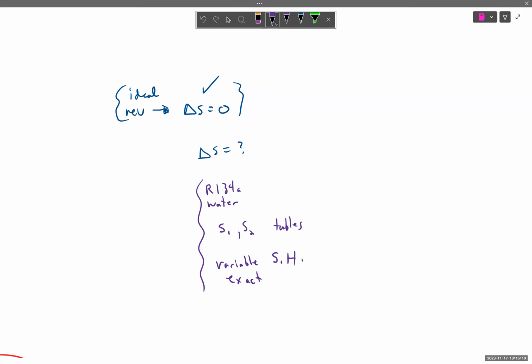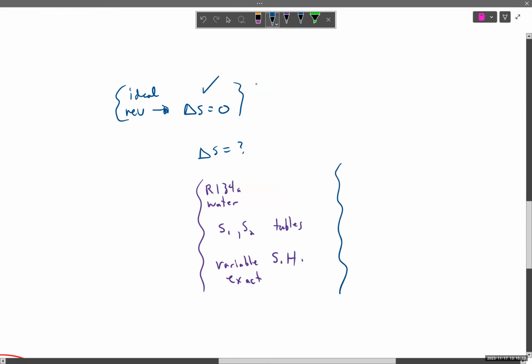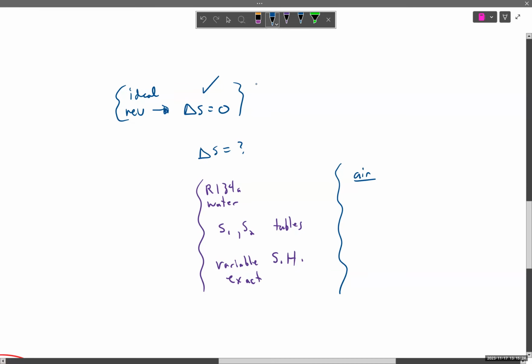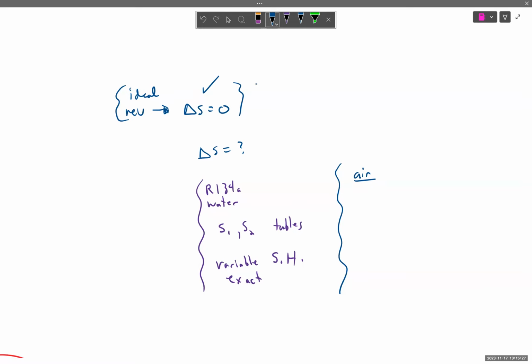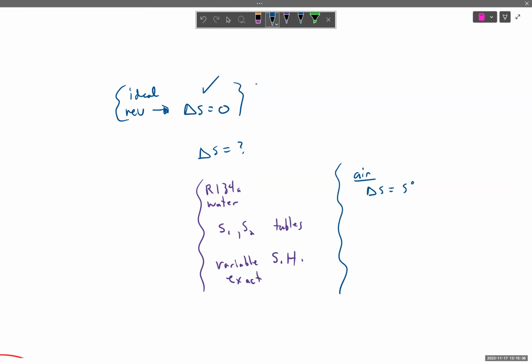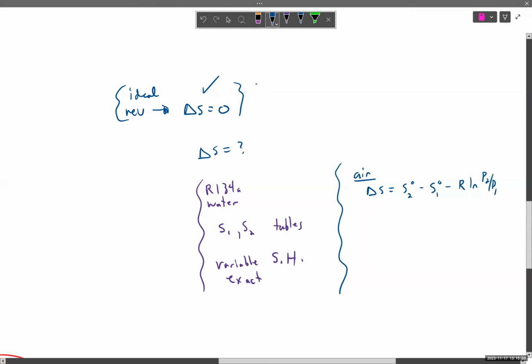If it's not those things, if it's not in the table, we have a case for error. So if you're finding delta S for air, we could say, okay, well, that's great. I've got a table, but it's relative. I can use this. There's another form of this equation. I'm just going to leave this form for simplicity right now.